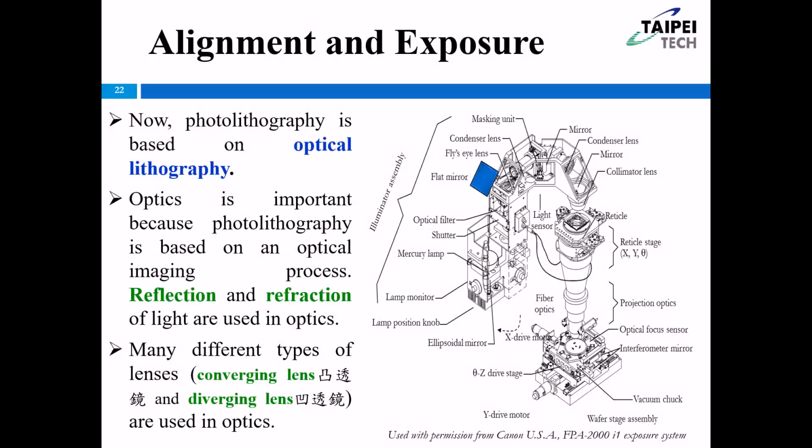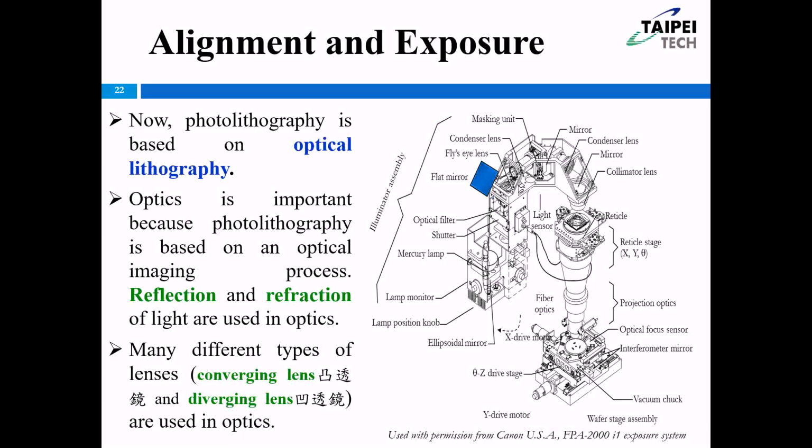Nowadays, in the IC fab, photolithography is based on optical lithography. For some labs, for some schools, they can use electron beam lithography, but it's not at commercial scale.